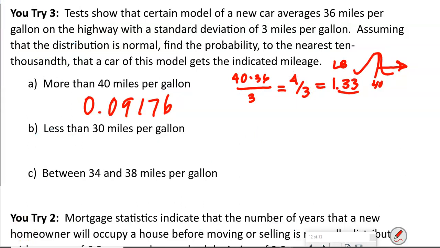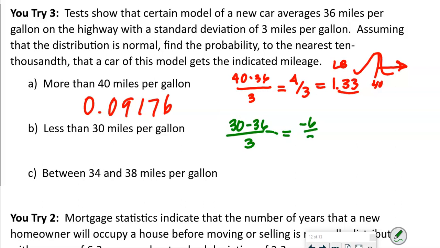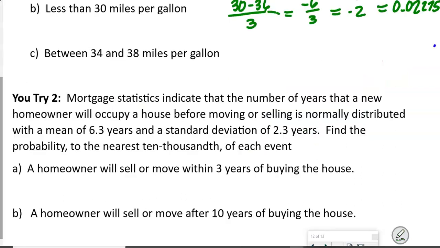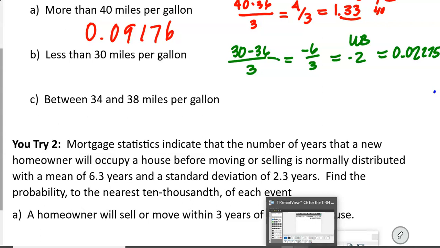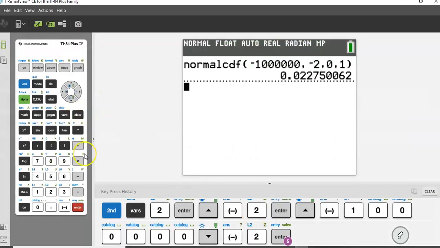So here again, we're going to do our 30 minus 36 over 3. So this is obviously going to be -6 divided by 3, which would be a -2. So this time it says less than, so this is going to be our upper bound this time, because we're going left, okay? So we're going to go back in here and put this in the calculator.